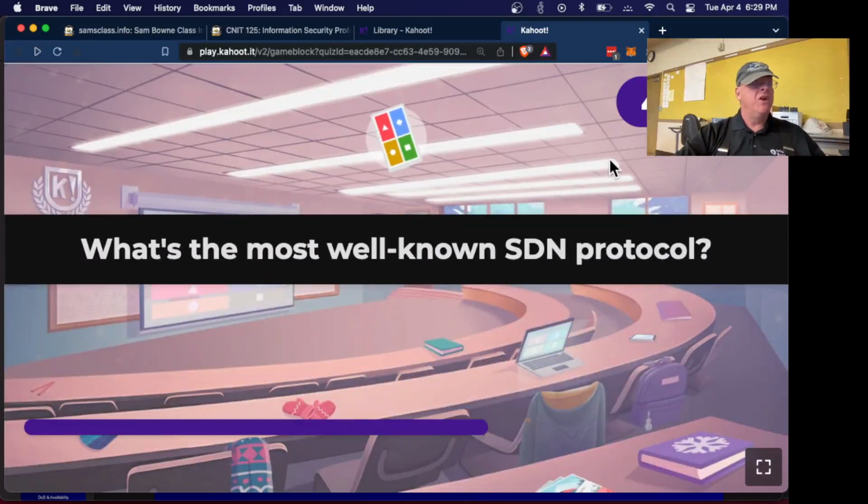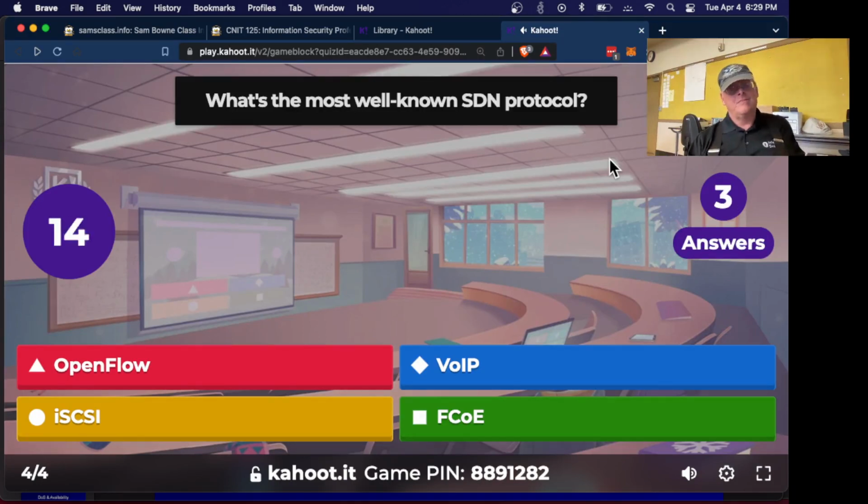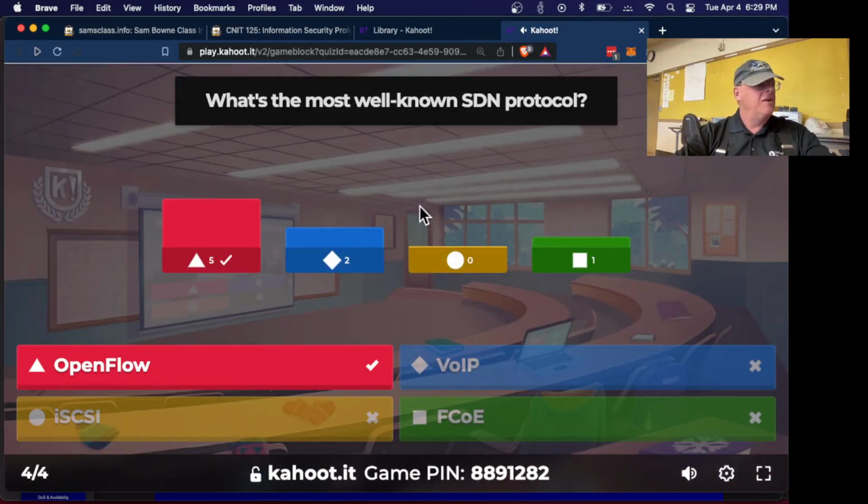All right, the most well-known software-defined networking protocol. All right, OpenFlow.